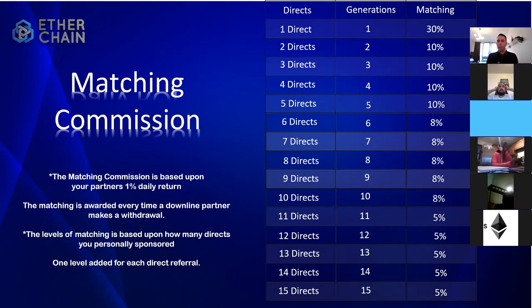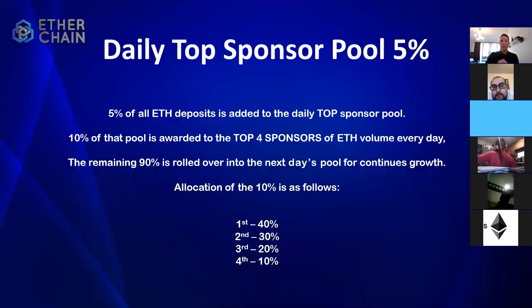You'll have 10% match on all your partners on level 2, 3, 4, and 5. You will have 8% on all partners on level 6 to 10 and 5% on all partners on level 11 to 15. This is an amazing, amazing way to create yourself a passive residual income based on a smart contract.